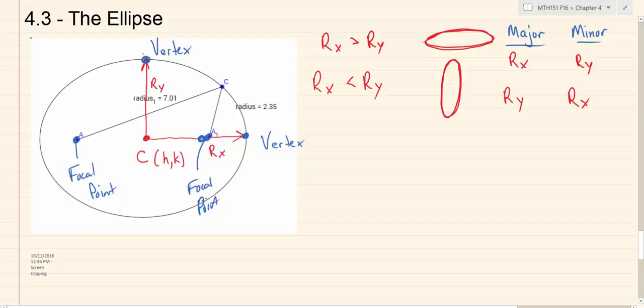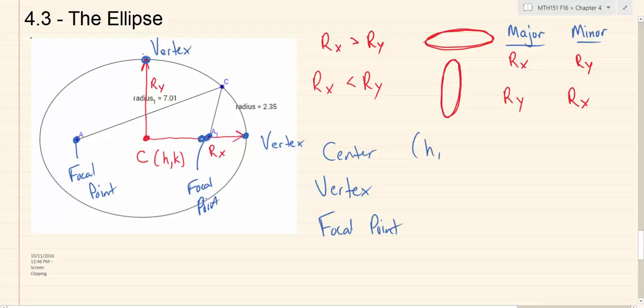So when we took that center point and we split it in two and stretched it, that center point actually became two focal points, mirrored focal points, the same distance away from the center. So now we have a center point, we have vertices, and we also have a focal point. The center point we know.